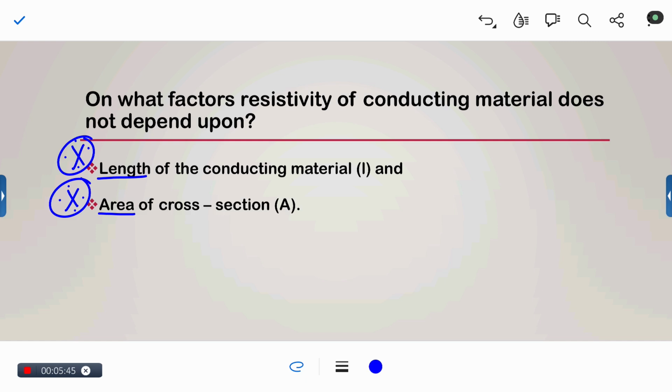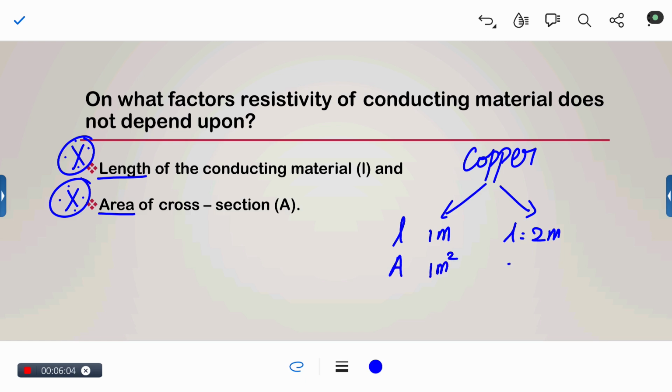So let's take a condition. There are two wires made up of copper. The first wire has a length of 1 meter and the second wire has a length of 2 meter. The area of cross section of the first wire is 1 meter square and the second wire has an area of cross section of 2 meter square.